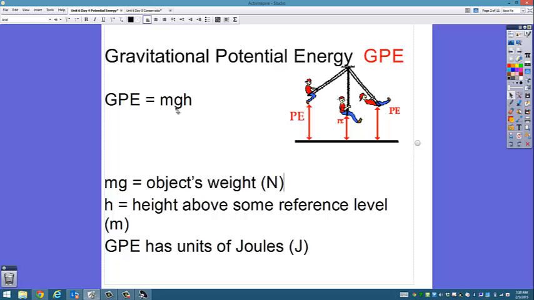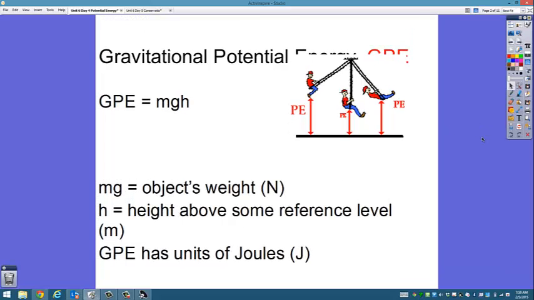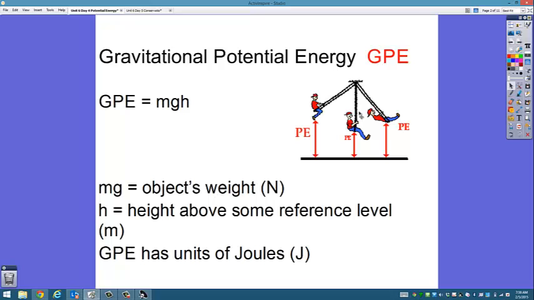So with these problems, if they give you the weight of the object, you can just plug it in as m and g. If they give you the mass, you can multiply it by gravity and still get the same value. Your height for these objects must be in meters, and your GPE is going to have units of joules, just like work and kinetic energy that we've looked at.